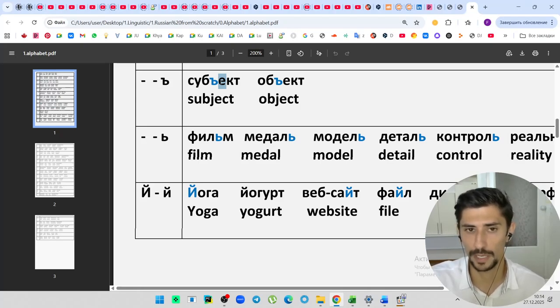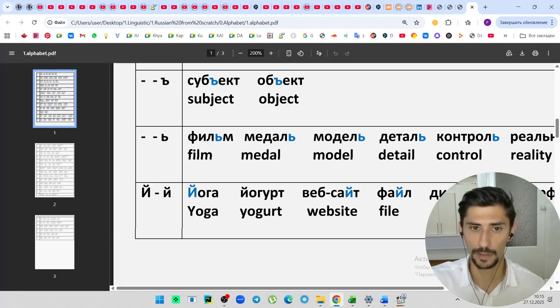For example, the next letter is sometimes pronounced like e, that's the soft option, and ye is the hard option. So with this hard sign, we pronounce it hard, like subject, object. Actually, we don't pronounce it. We just pronounce object, subject. But the next letter, the soft sign, as I said before, makes the previous letter sound more softly.